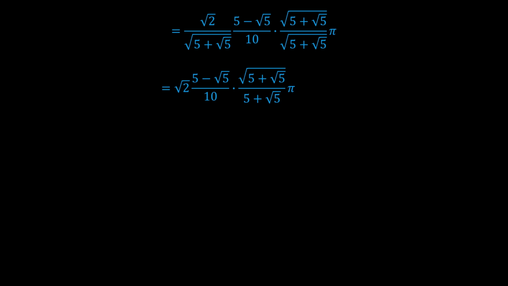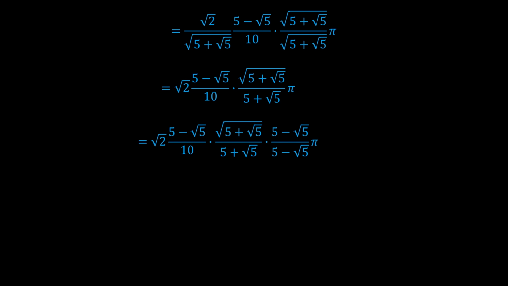And since this multiplication now results in just 5 plus root 5 in the denominator here, we can also multiply with the conjugate, where instead of plus here we have a negative, just trying to remove the square root in the denominator.